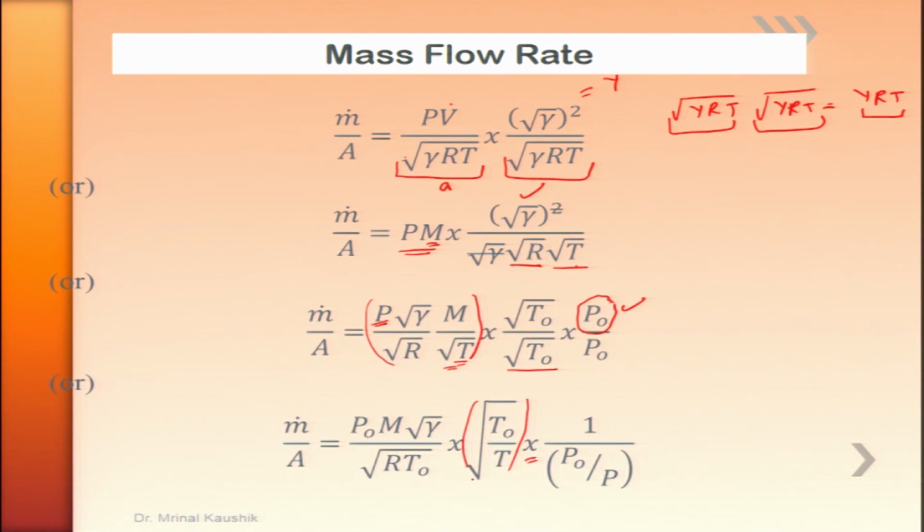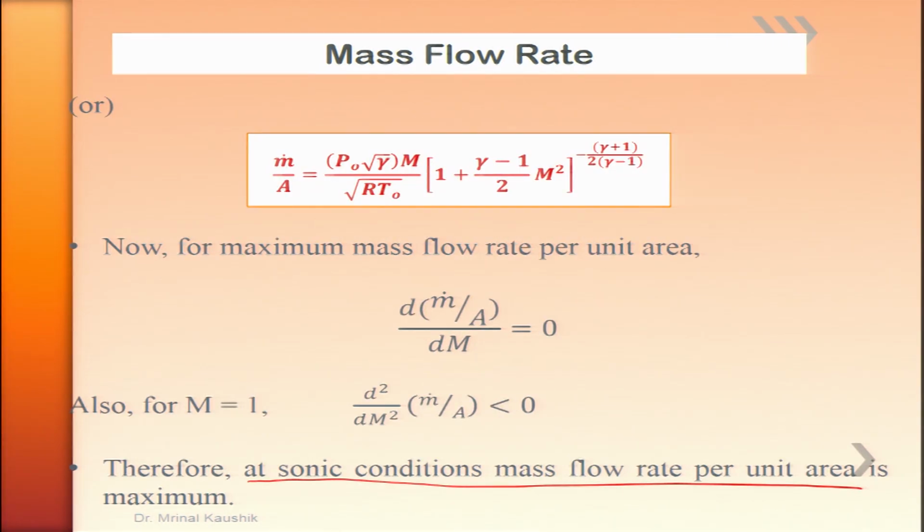Then again multiply by 1 by P naught by P. Now clearly I can replace this P naught by P and T naught by T with isentropic relationship, and in doing so I can obtain the final expression of something like this: m dot by A is equal to P naught square root of gamma upon square root of RT naught m in the bracket 1 plus gamma minus 1 by 2 m square to the power minus gamma plus 1 upon 2 gamma minus 1.